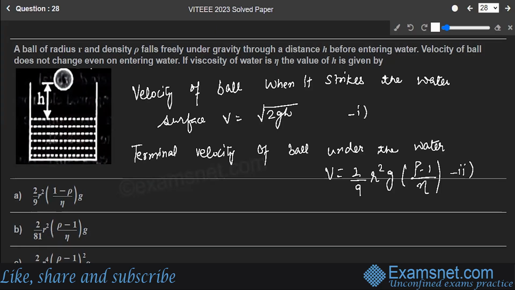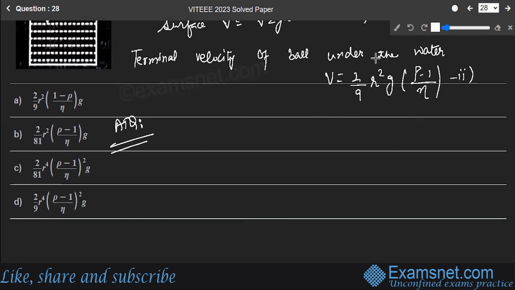Now in the question it says the velocity does not change. So according to the question, these two are equal. That is, root 2gh is equal to 2 upon 9 r square g (rho minus 1) upon eta. Let's square both sides.